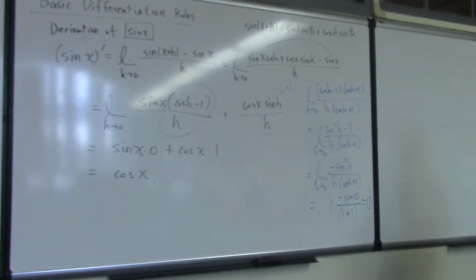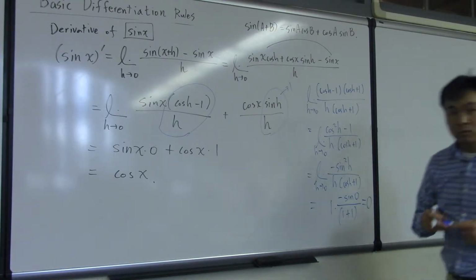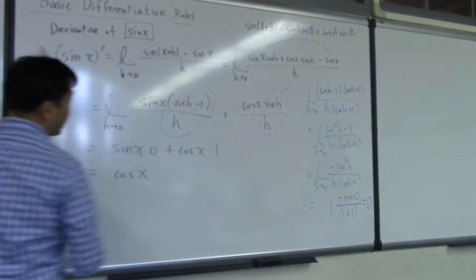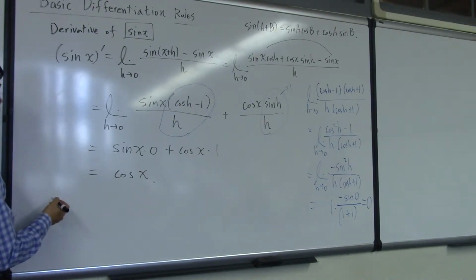Now you can do a calculation very similar to this using the angle sum formula for cosine.